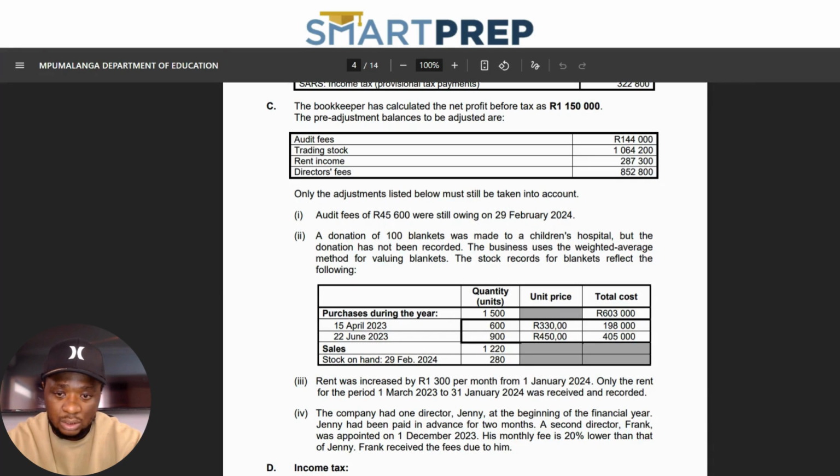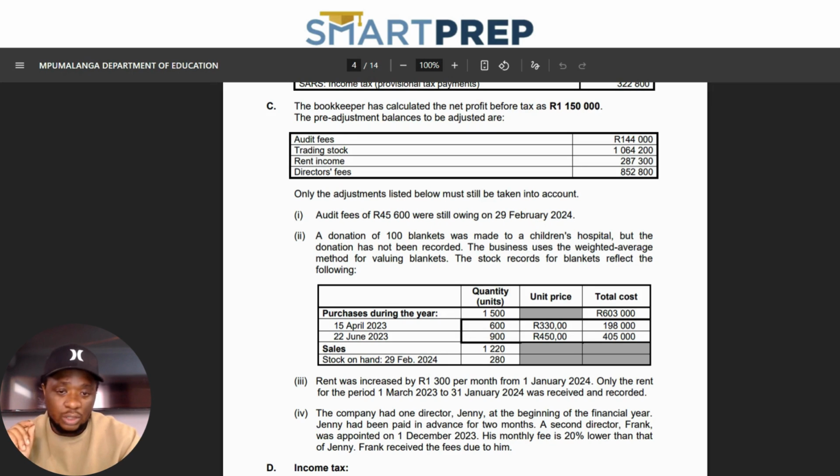We purchased some during the year, and then we got the sales, and then we did the donation. Now, this needs your knowledge of inventory. That's why in accounting, you need to be able to understand different topics at once, because this mainly relates to the inventory paper, but it's coming up now and we need to be able to handle it. So we made a donation of 100 blankets. Now, the question is what was the cost of those blankets.